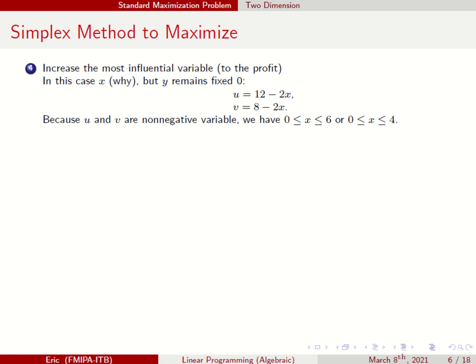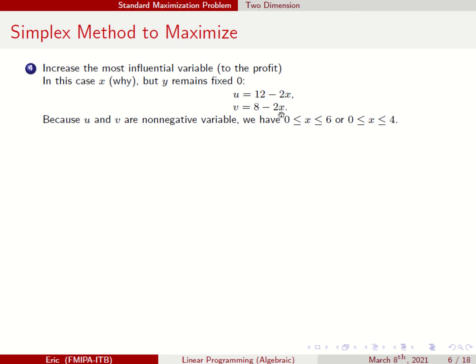Yes, but remember, if you choose the maximum x as 6, look at what happens if you substitute 6 into the second equation. 2 times 6 is 12. 8 minus 12 is minus 4. Uh-oh, you're in trouble because v should be non-negative. v cannot be negative. So you have to choose the smallest ratio.